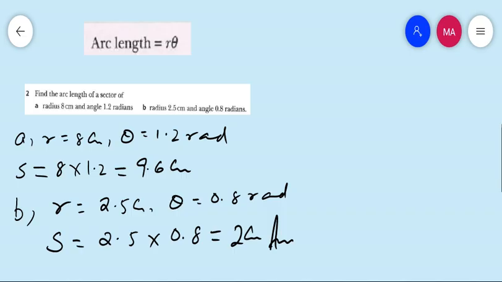This is the answer of part B. So hope you completely understand question number 2. Let's start question number 3.